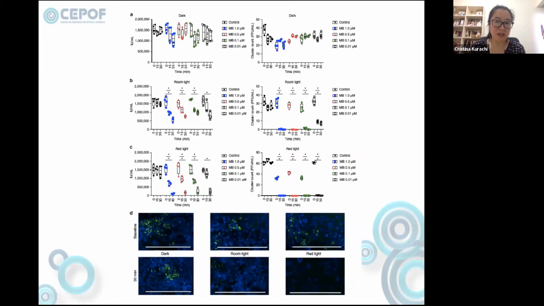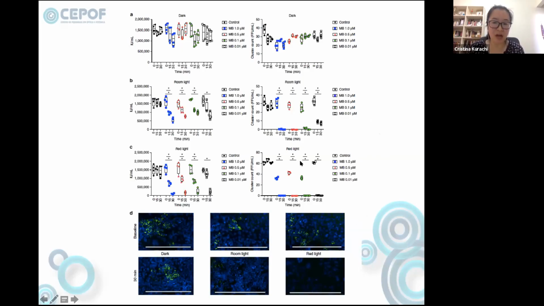Again, with the PDT, we have the same results. Here are the plots for different concentrations of methylene blue and different irradiation times. We also compare with just the room light, so no PDT illumination specifically at 606 nanometers, just the room light of the surgical room.